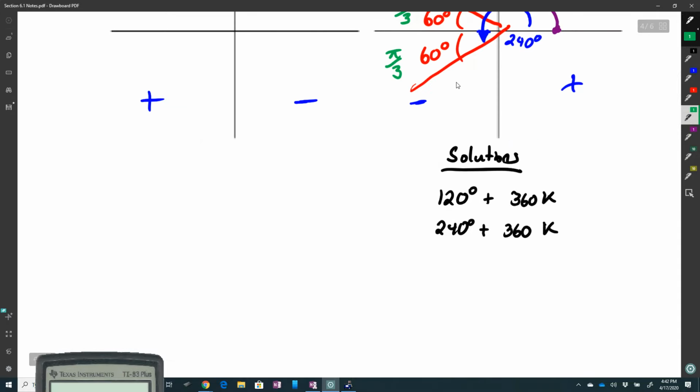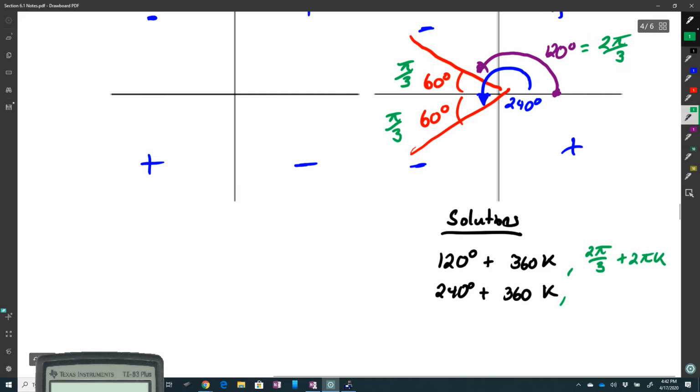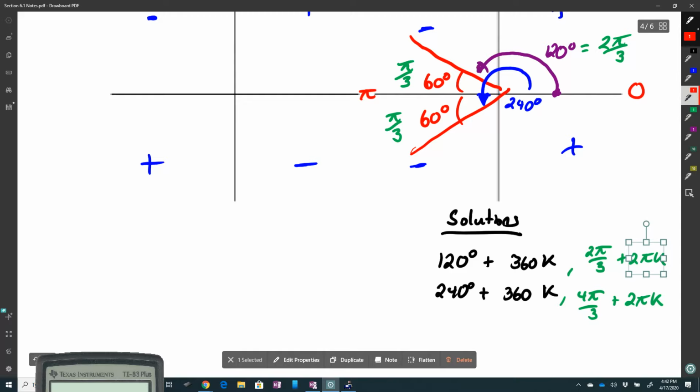So this solution is the same thing as 2 pi over 3 plus 2 pi k, whereas the other one is a full pi plus another pi over 3. That's 4 pi over 3 plus 2 pi k. Right, so all I did was here's 0, here's pi. Pi minus pi over 3 is 2 pi over 3. Pi plus pi over 3 is 4 pi over 3.